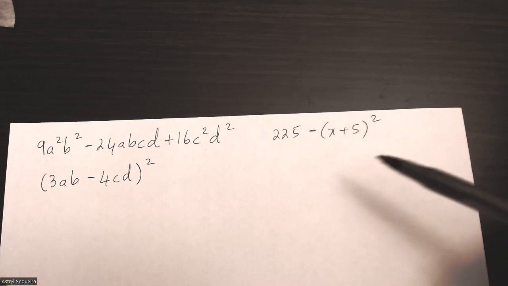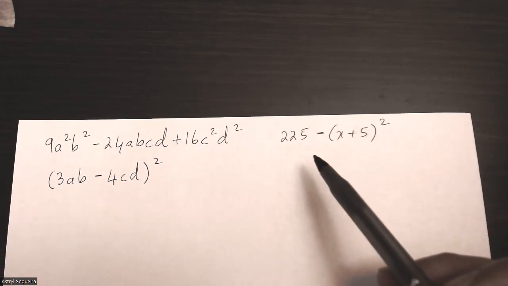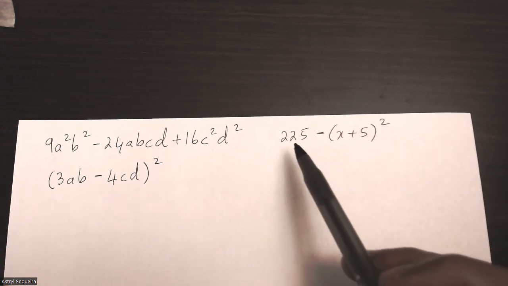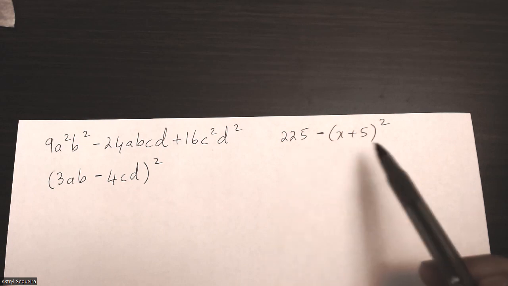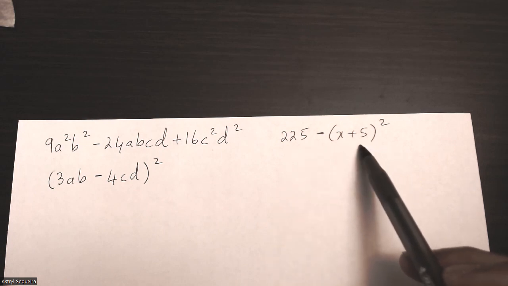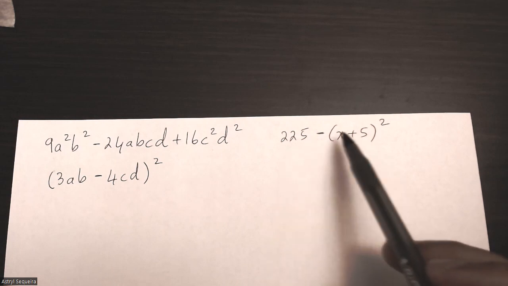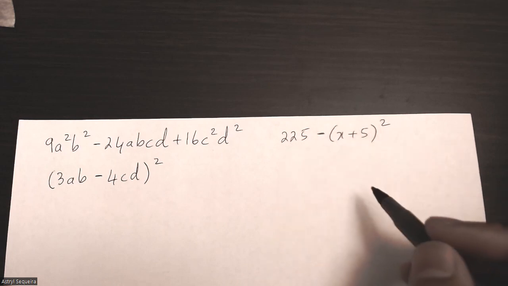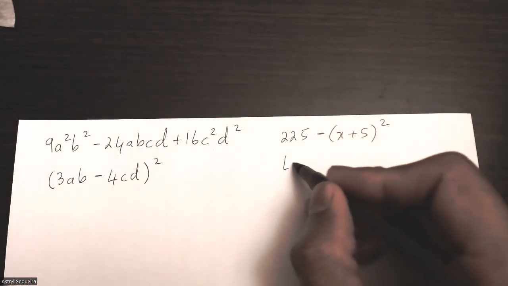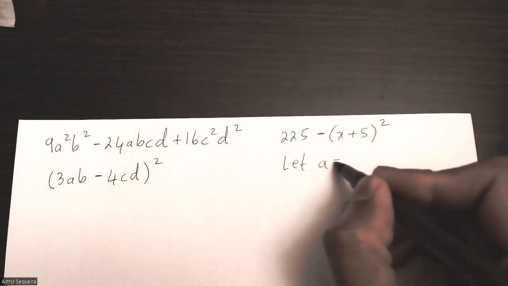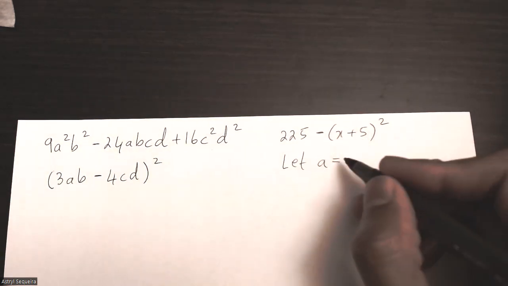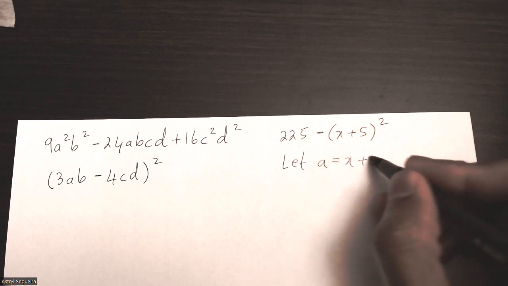If I look at this second question over here, you can tell that this is a difference of squares because the first term is square rootable and so is the second term. But this is a bit difficult to do. So what I like to do is use substitution to simplify this. I'm going to say let a equal whatever's in the bracket here, so x plus 5.